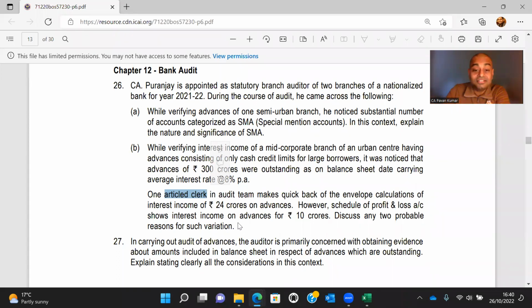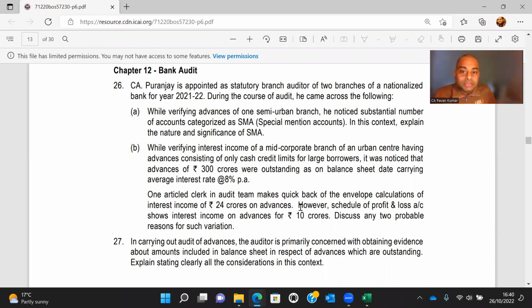Chalo, jokes apart, let us see what this great articled assistant said. One articled clerk in the audit team makes quick back of envelope calculations of interest income, 24 crores on advances. However, the schedule of P&L shows interest income on advances of 10 crores.